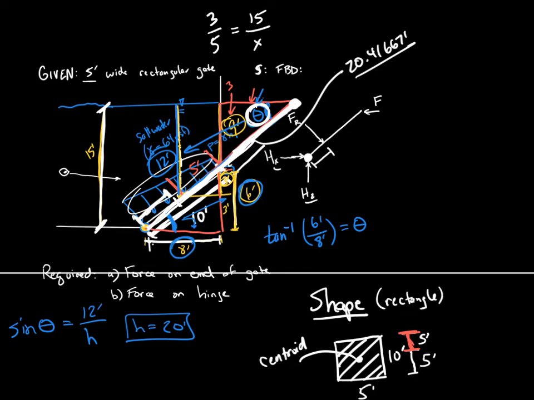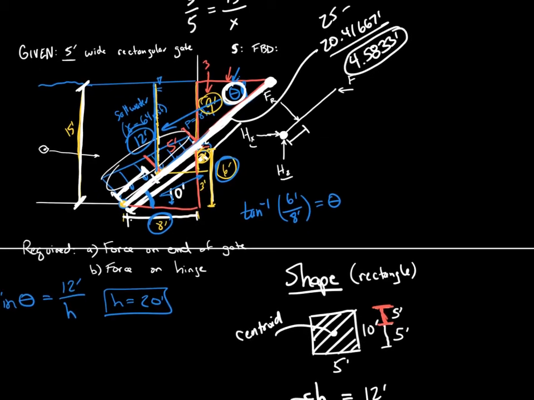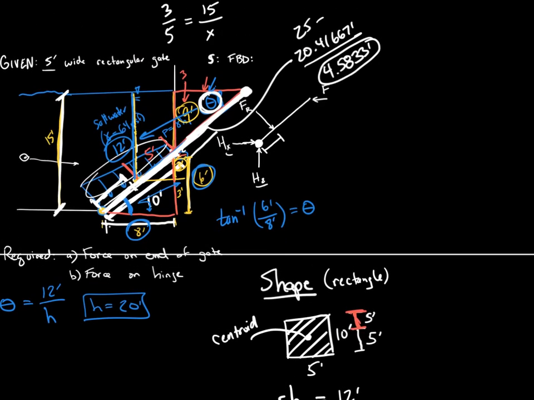This whole side is 25 feet. If I do 25 minus that number, I get 4.5833 feet, again keeping 5 significant digits. So this distance right here is 4.5833 feet.